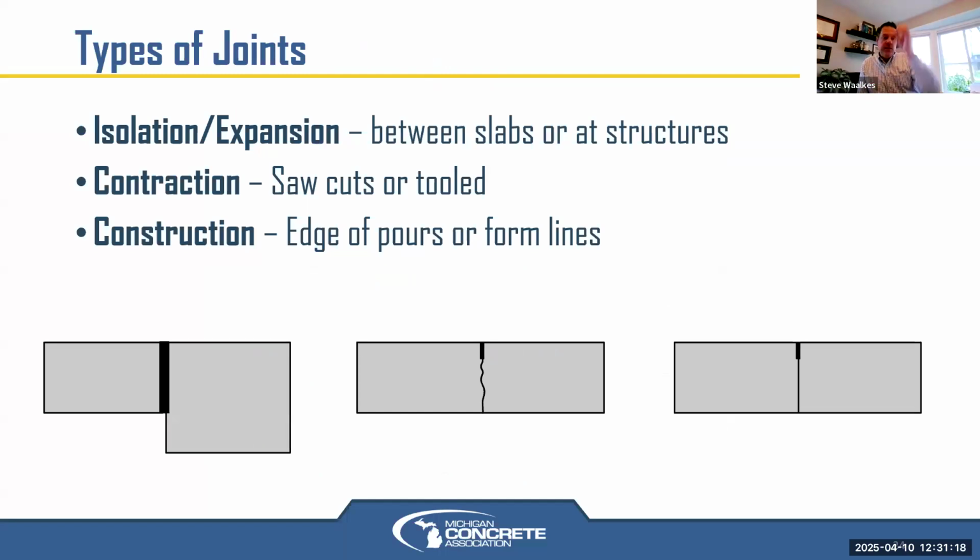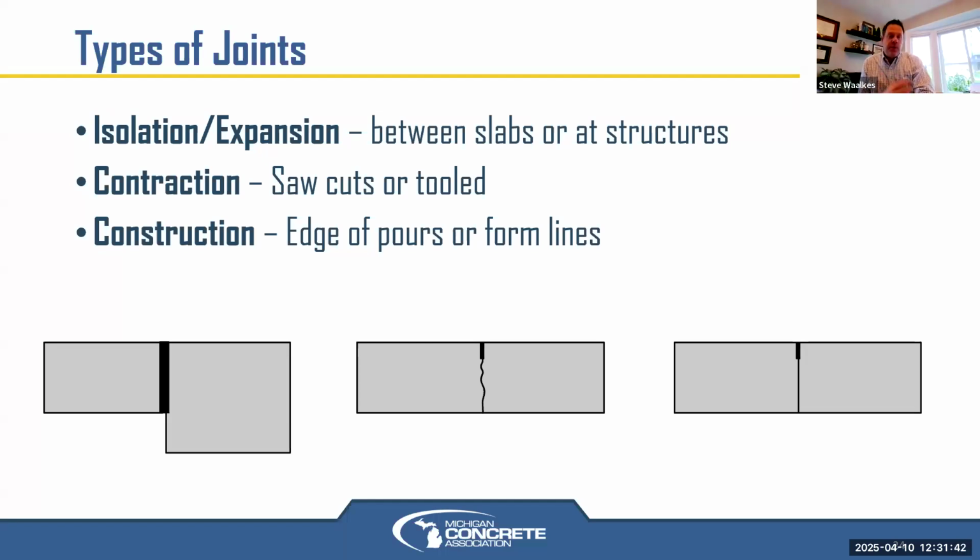The types of joints that you will need to account for: isolation and expansion joints have some compressible material, as noted by that kind of thicker line shown on the left. Contraction joints or control joints are ones that we either tool or saw cut into the top in order to, again, purposely control the cracking, and we want a crack to occur.